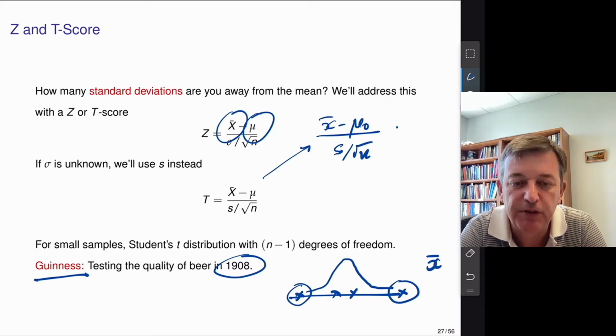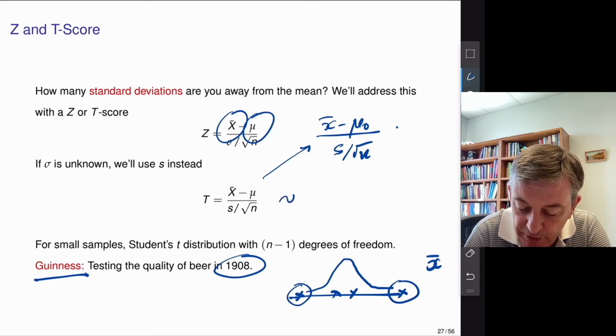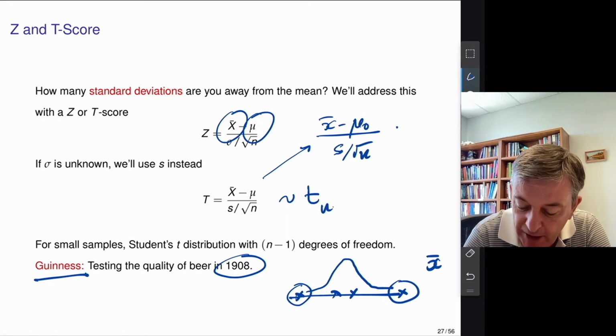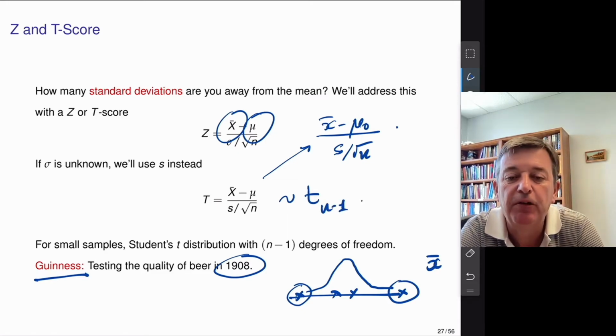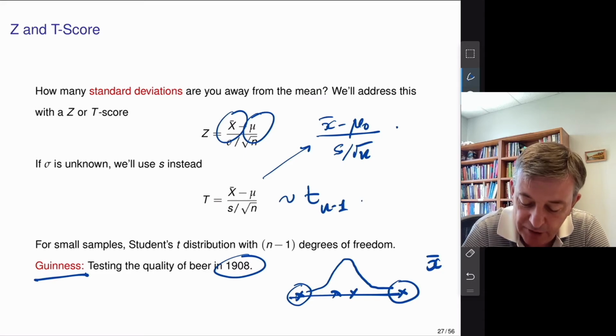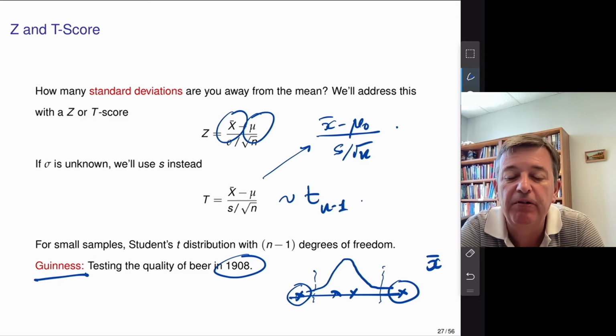And he realized that for small sample sizes, the distribution of this random variable, essentially x bar is normal, but s is something called the square root of a chi-square distribution. He realized that the distribution was something called a t-distribution, his Student's t-distribution. And he came up with a formula for the probability density of a t, and it would basically account for the heavier tails. And just operationally, when you calculate confidence intervals, instead of going 1.96 standard deviations either side, you have to go a little bit further, given the appropriate degrees of freedom.